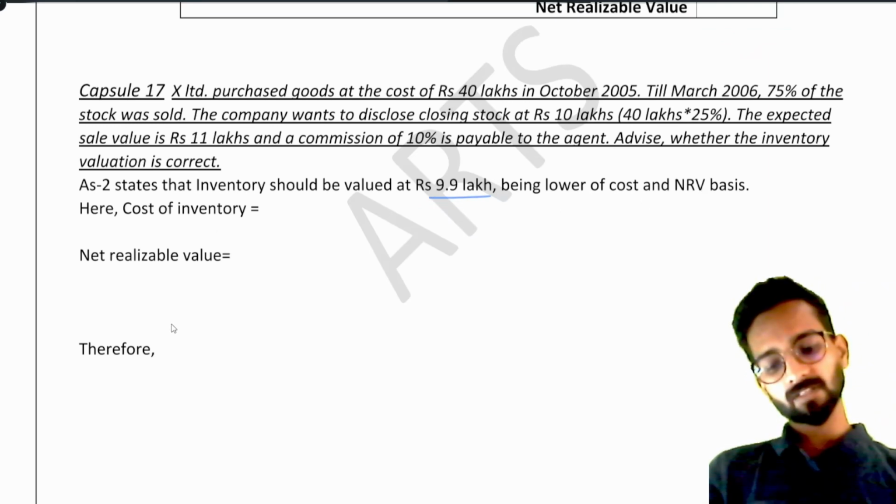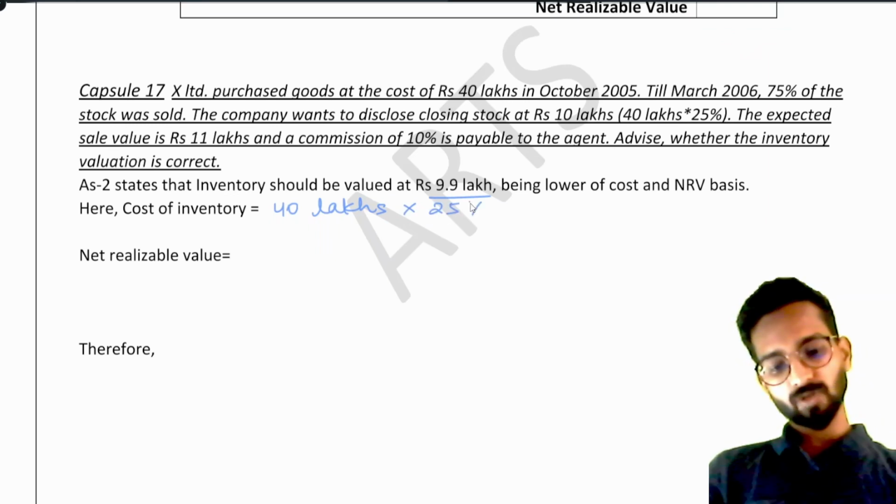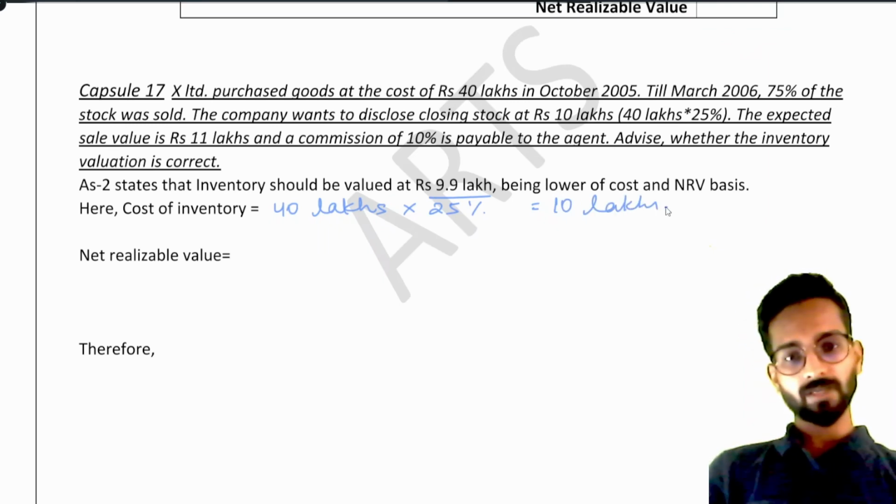I will tell you what were the valuations. Cost of inventory will be 40 lakhs multiplied by 25%, because only 25% is remaining in our godown, that is absolutely 10 lakhs. Now tell me what is net realizable value.